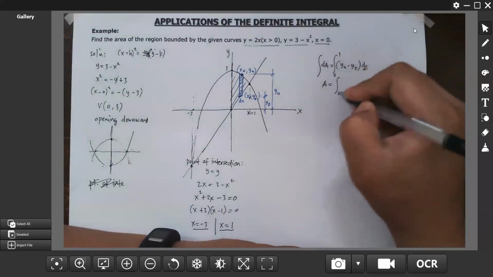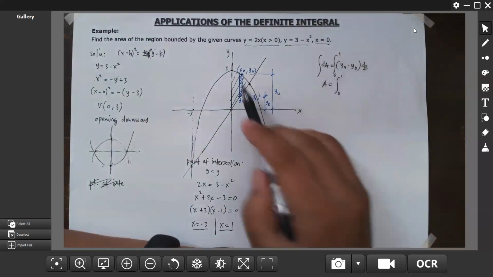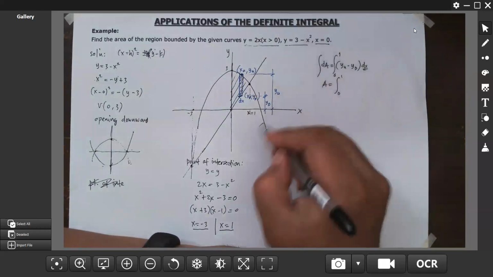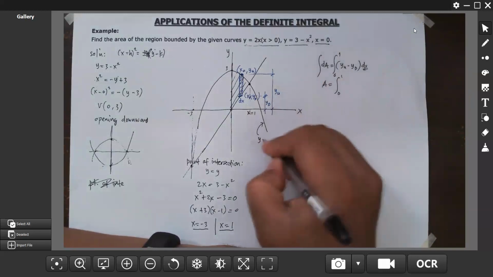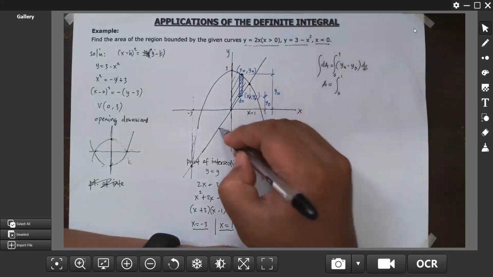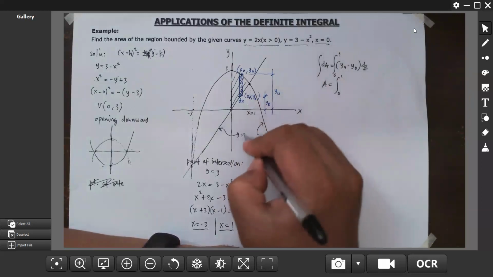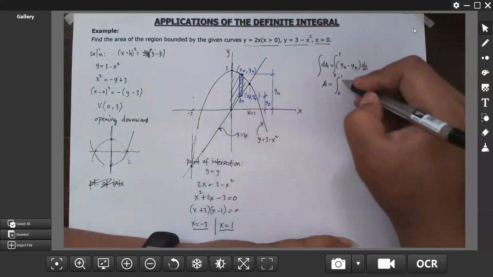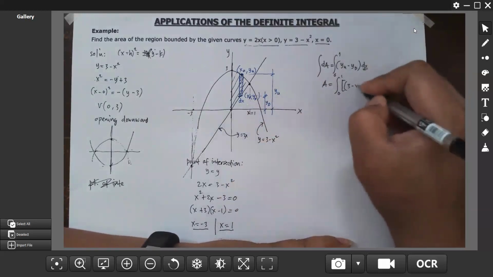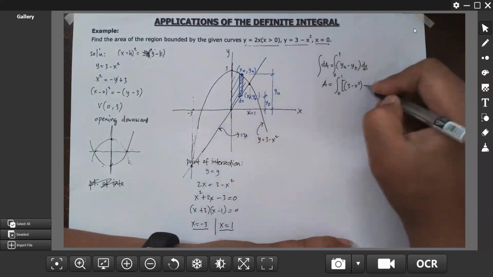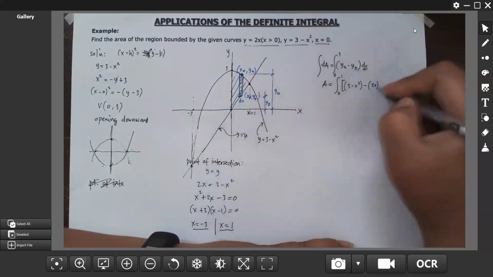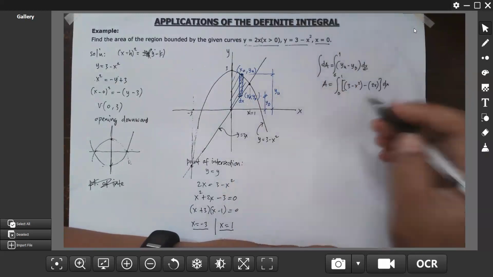For y up, our up is the parabola, 3 minus x squared, and the line is y equals 2x. So up is 3 minus x squared minus down, the line 2x, dx.